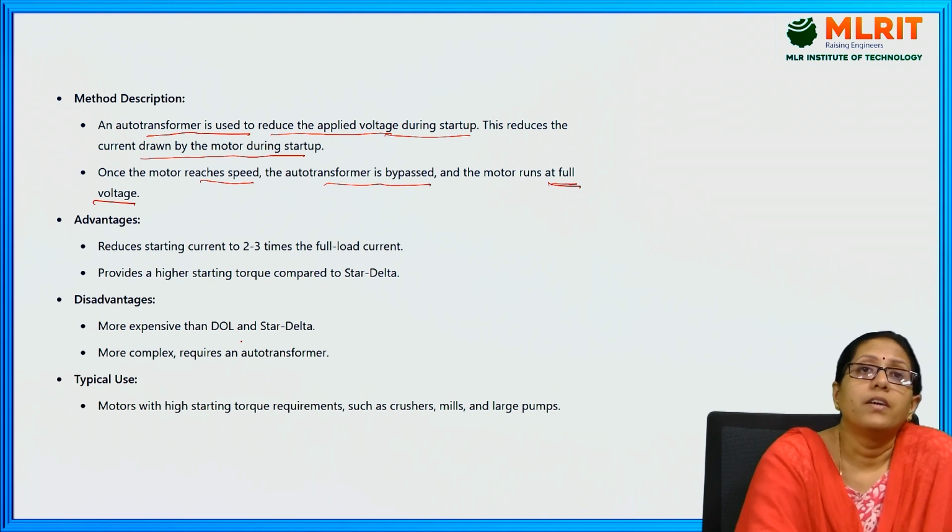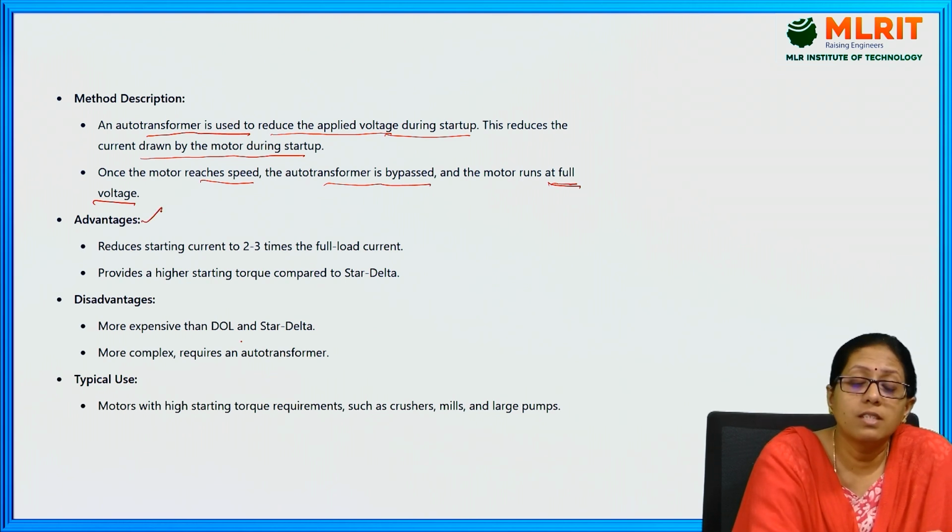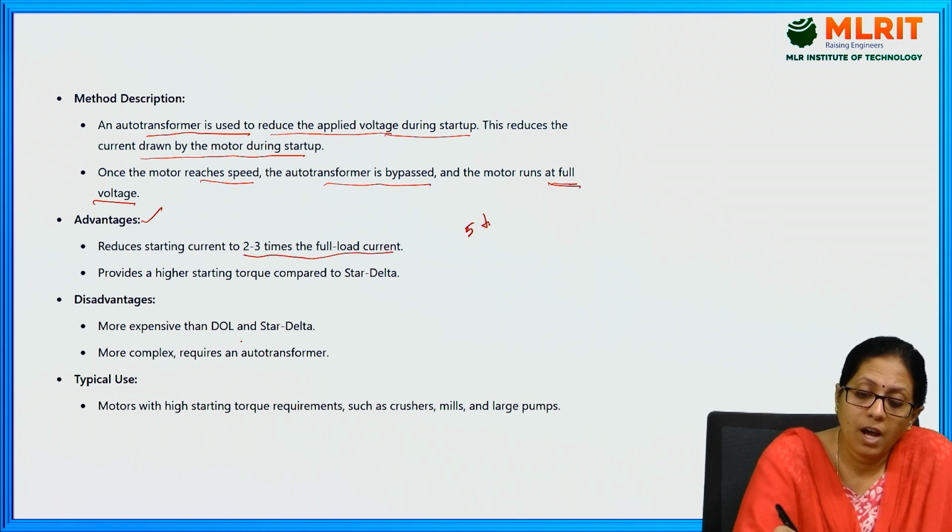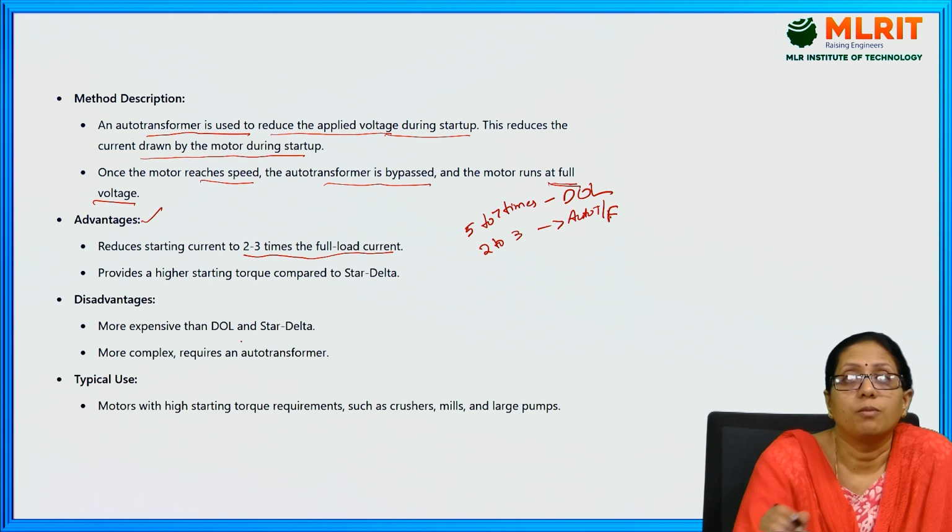What are the advantages of this particular starting? It reduces the starting current to 2 to 3 times the full load current. Previously, it was 5 to 7 times in DOL, direct online connection. Now it is 2 to 3 times in auto transformer connection.